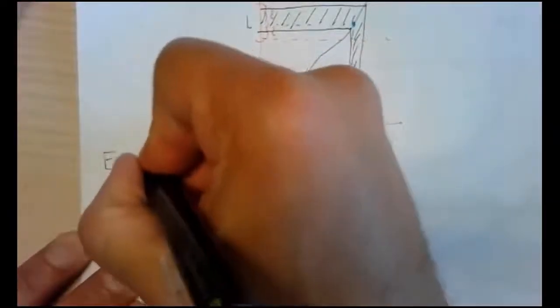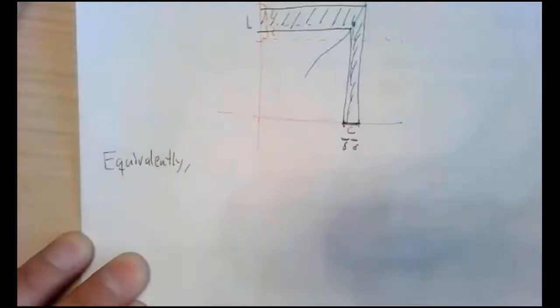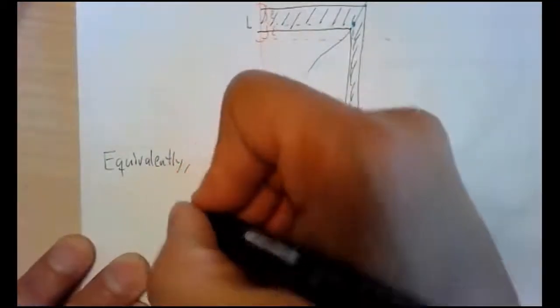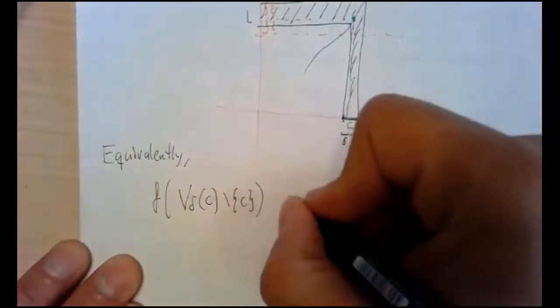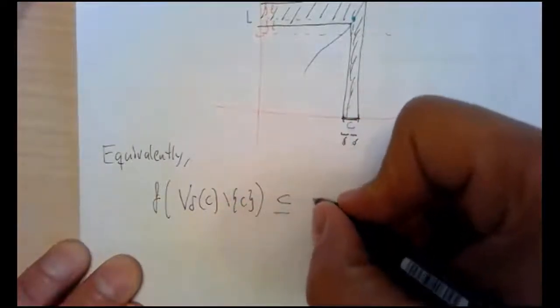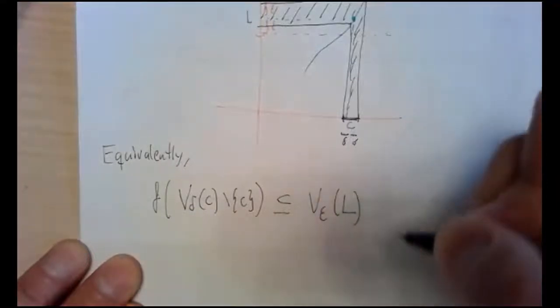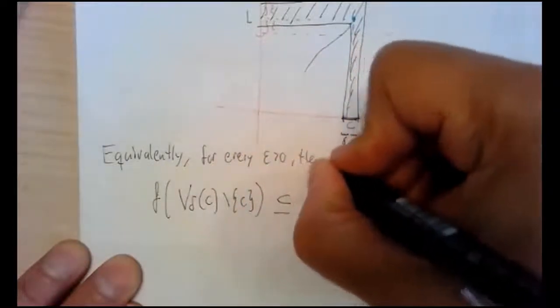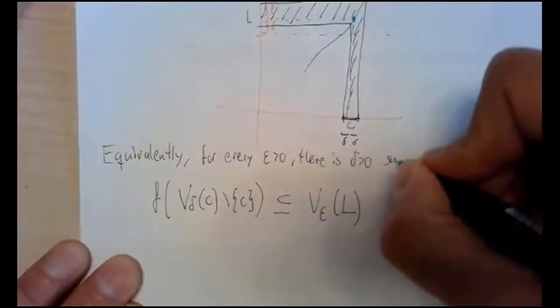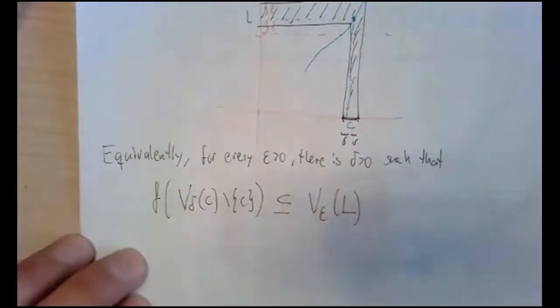So equivalently, we can use the image notation, and we can say that f of the delta neighborhood around c, take away the center, goes inside the epsilon neighborhood around L. So for every epsilon greater than 0, there is delta greater than 0 such that this happens, right?